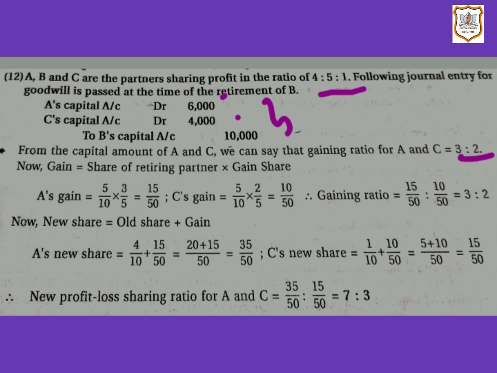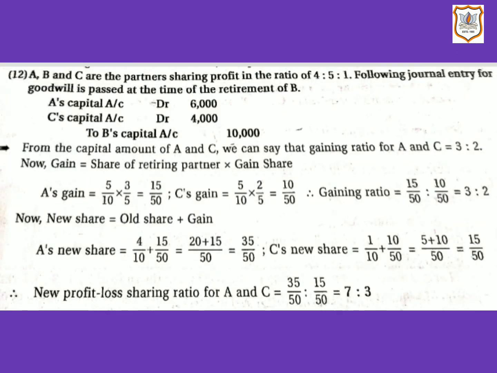So here, as we have the gaining ratio, our next step is to find out the continuing partners' gain, where the formula for gain is equal to share of retiring partner multiplied by gain share.